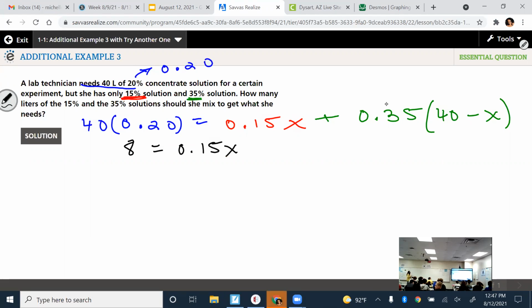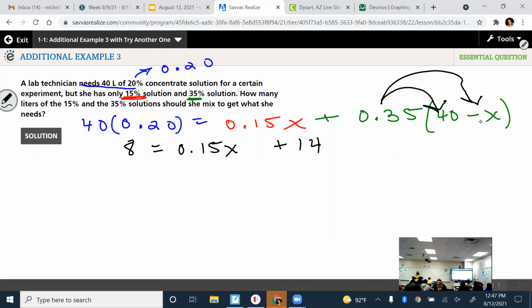Because we need to do what with this over here? Distributing the 0.35 to the terms in the parentheses. So what's 0.35 times 40? 14. Good, and it's positive, so I'm gonna put plus 14.